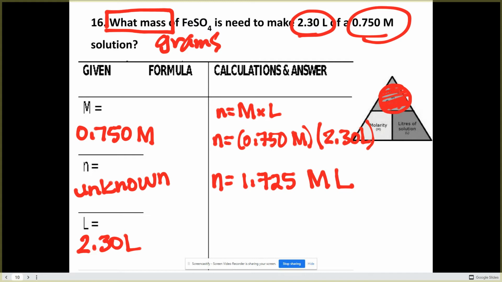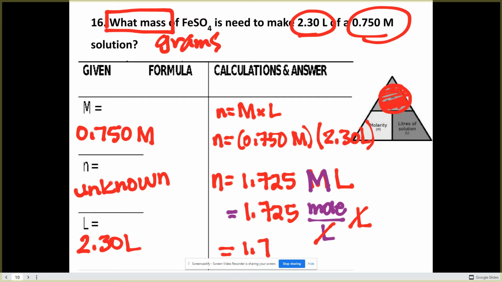Remember that big M is actually mole per liter. So we can rewrite this as 1.725 mole over liters, and then the liters on the other side. Now you can see that the L's will cancel out. Therefore, the final answer here is 1.725 moles.